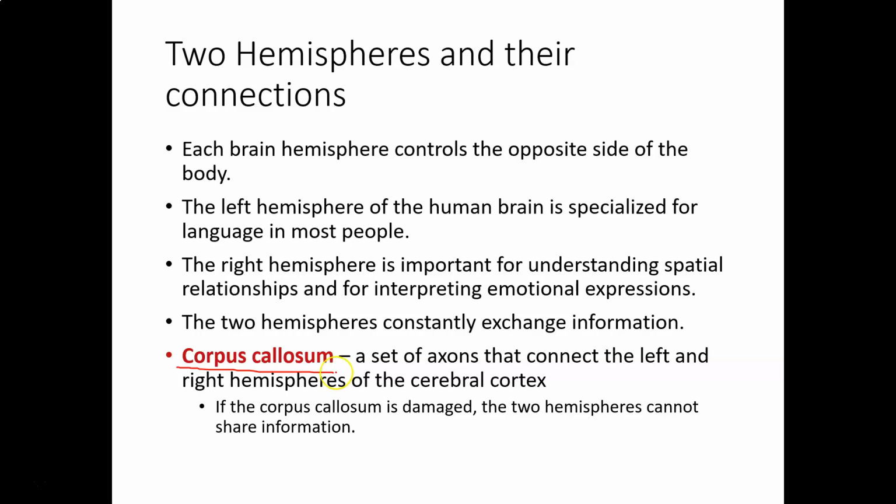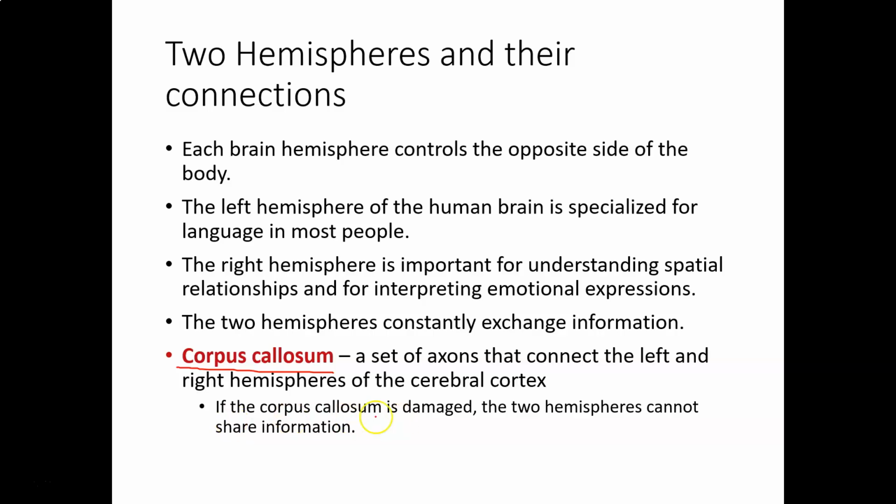The corpus callosum contains a set of axons. There are millions of bundles of axons that are transporting information from both halves of the cortex to the other side. So they are carrying information from the left hemisphere to the right and vice versa.